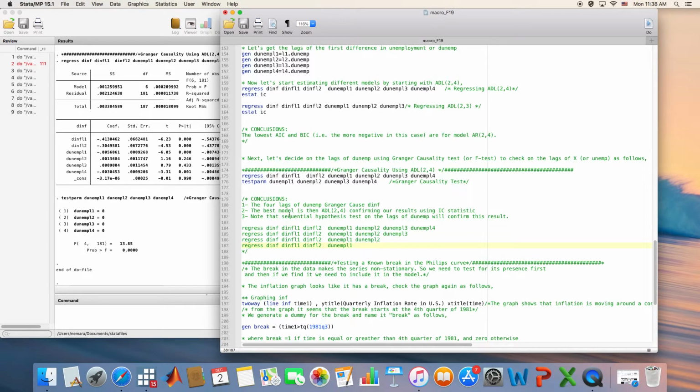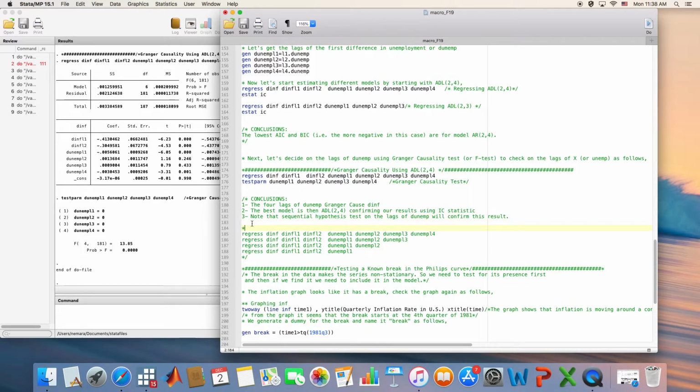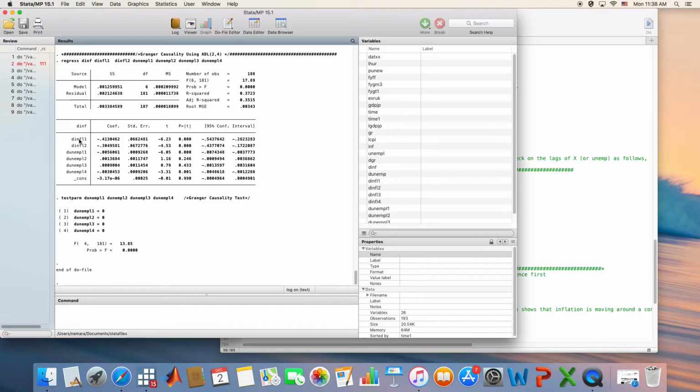And the sequential hypothesis test, when you run it, starting from big to small, you will find that it's basically confirming that the first one, when you just run the first one, is statistically significant. It's right here. So this is the big to small sequential hypothesis test.